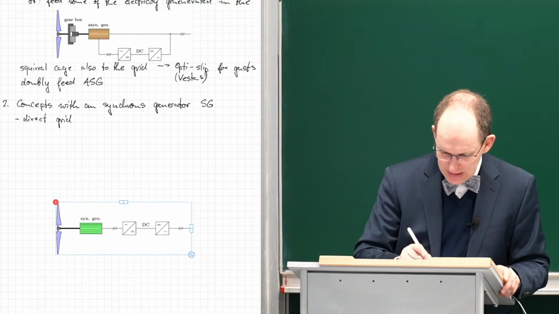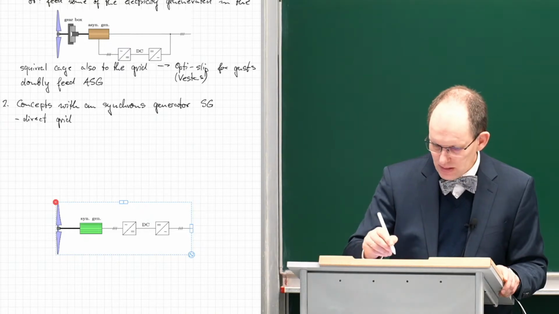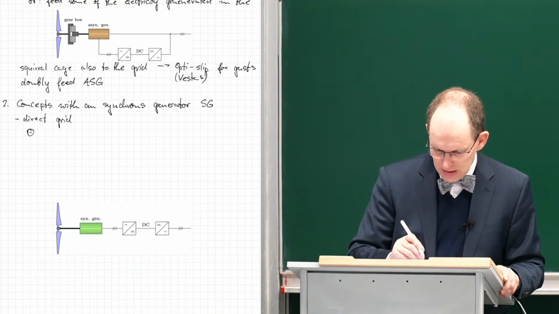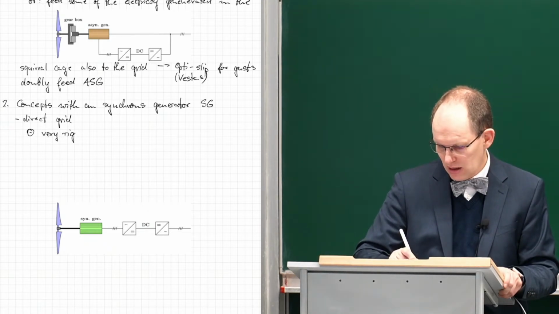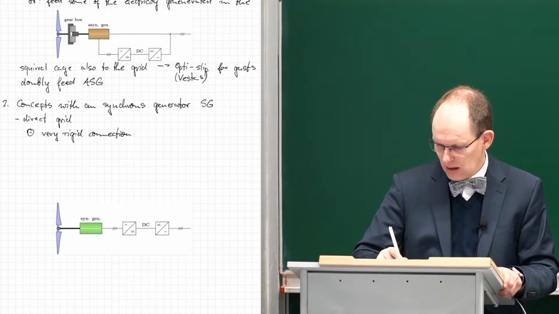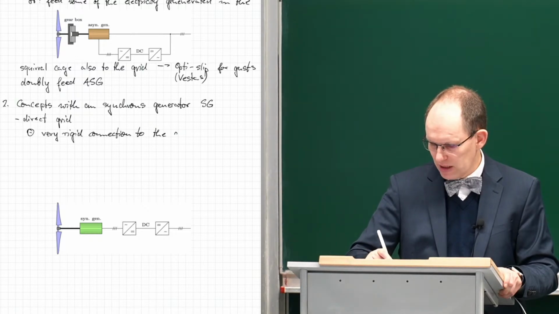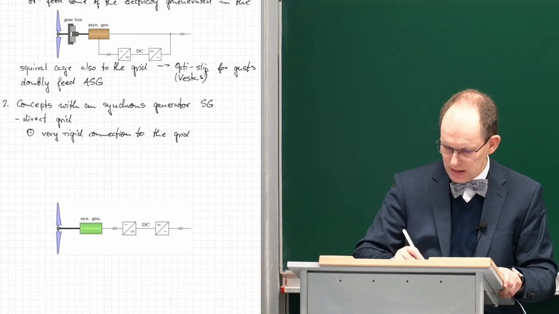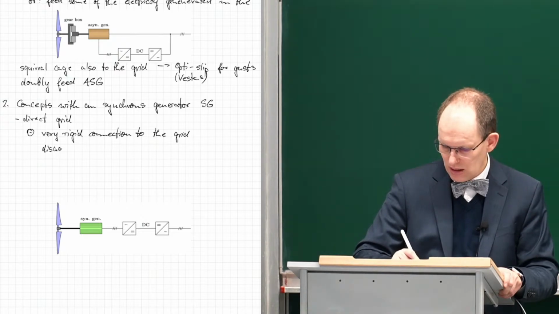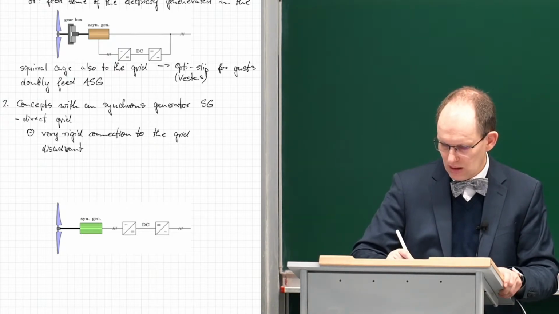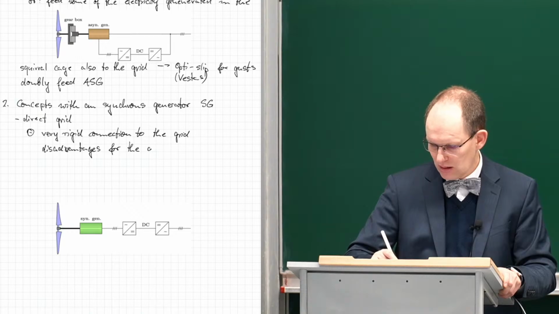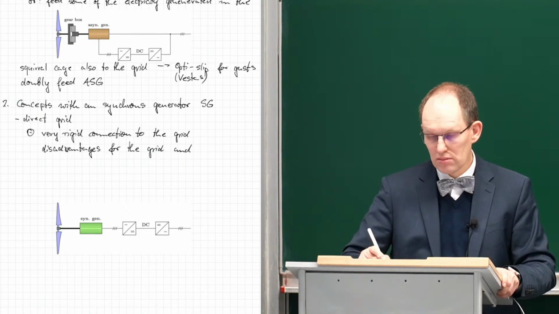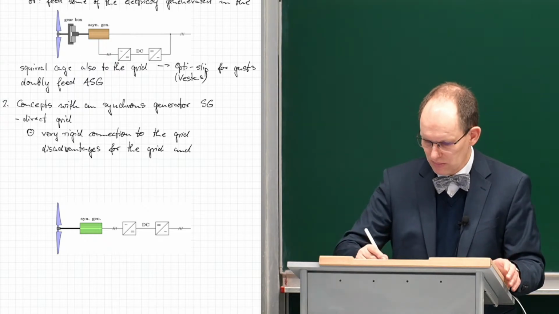And the next thing would be, the disadvantages is a very rigid connection to the grid. And this has disadvantages for the grid and for the stress on the machine.